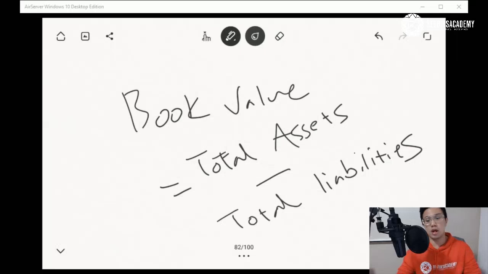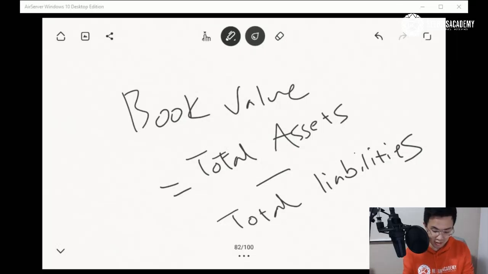So it's trying to ask the question of how much the company is really worth. What is the value of the company after clearing and paying back all its debt? That is really what book value means. In other words, as the name suggests, it's trying to ask what this company is really worth on paper.